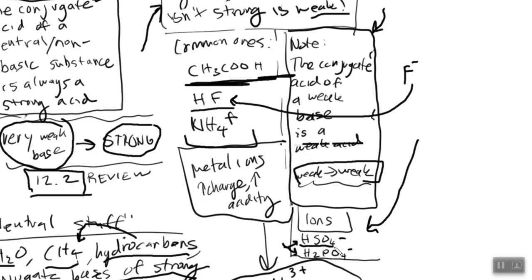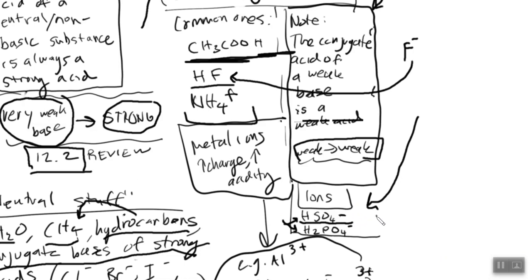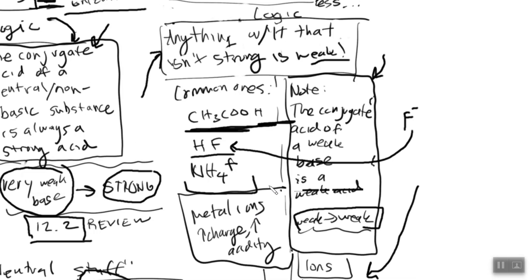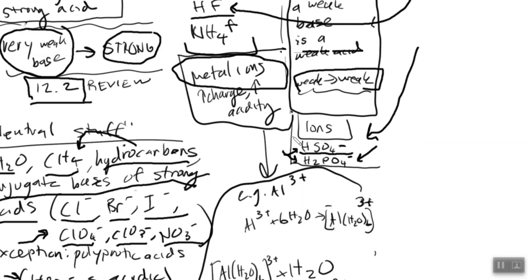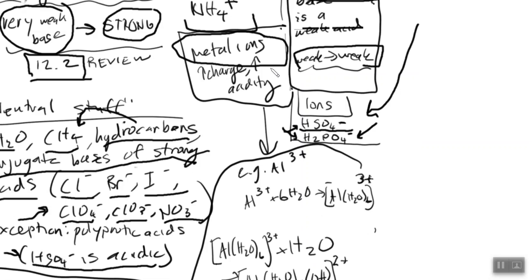This is called the bisulfate ion, or hydrogen sulfate, whatever you want to call it, and this is dihydrogen phosphate. Alright, we have other weak acids, so metal ions are actually weak acids. And why is that? Well, let's take a look at a metal ion like aluminum.